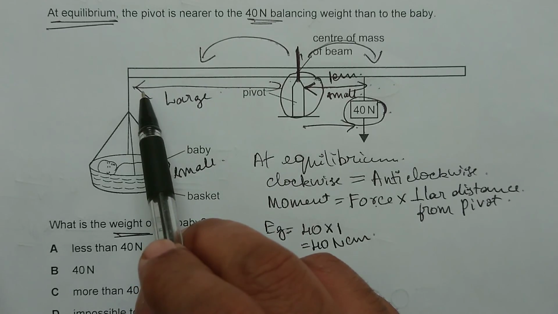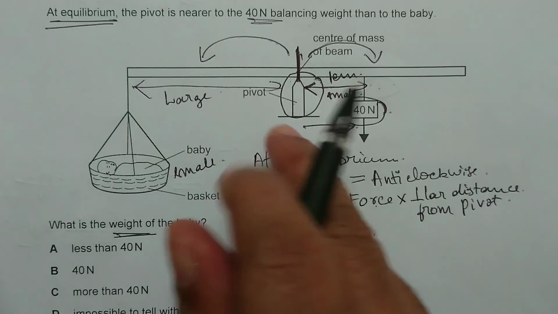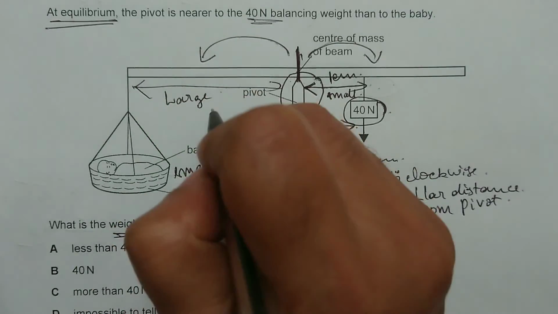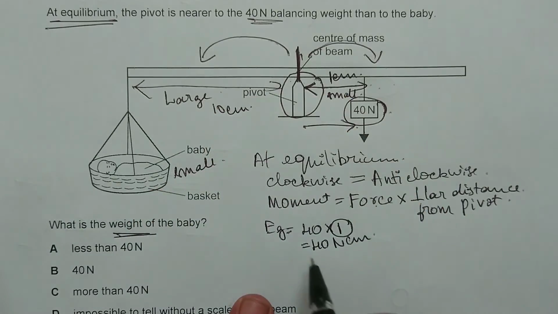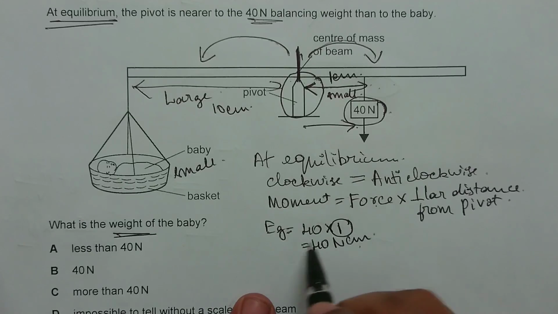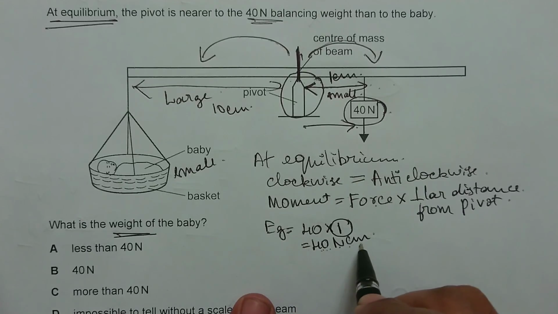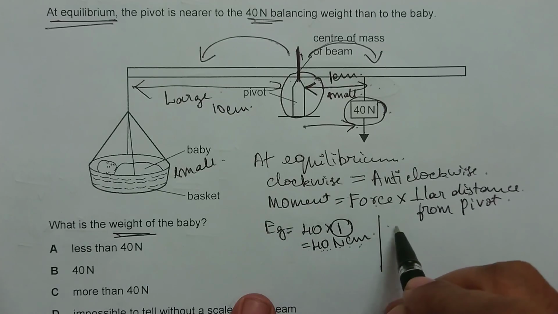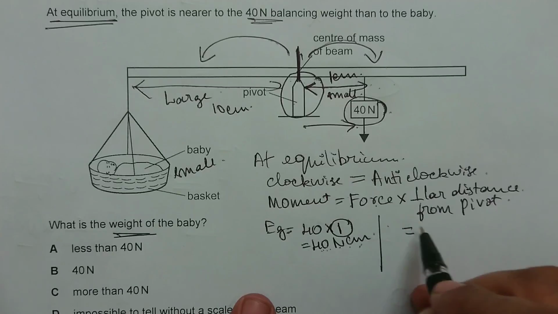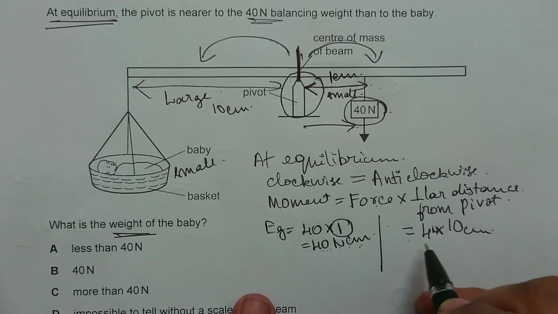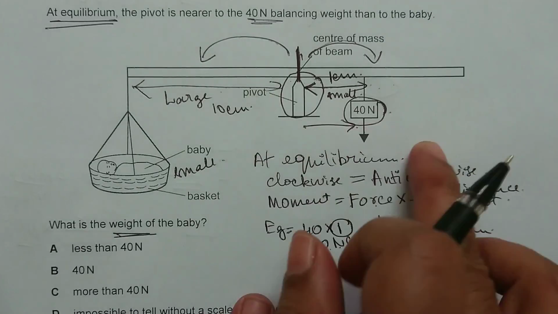Let me say that to get the same answer, here 1 centimeter is becoming 10 centimeter. The answer must be the same. Correct? We have to get 40 Newton centimeter. Then what must be the answer? Moment of force is equal to 4 times 10 centimeter. This is 4 Newton. It has to decrease because then only this will balance.